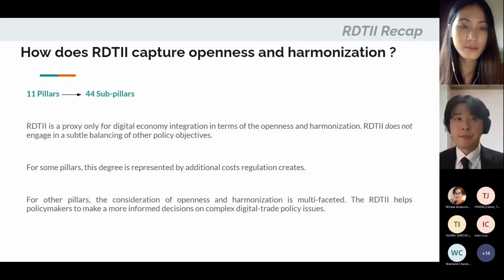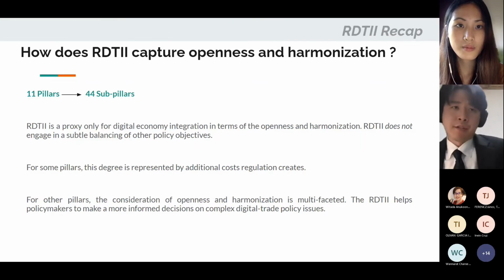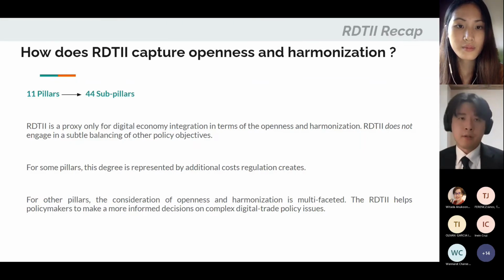This means that RDTII cares only about digital economy integration. In other words, it does not engage in the subtle balancing of other policy objectives in forming a regulation in a certain field. For some sub-pillars, the degree of openness and harmonization that represents digital economy integration is measured by the additional cost that regulation creates.